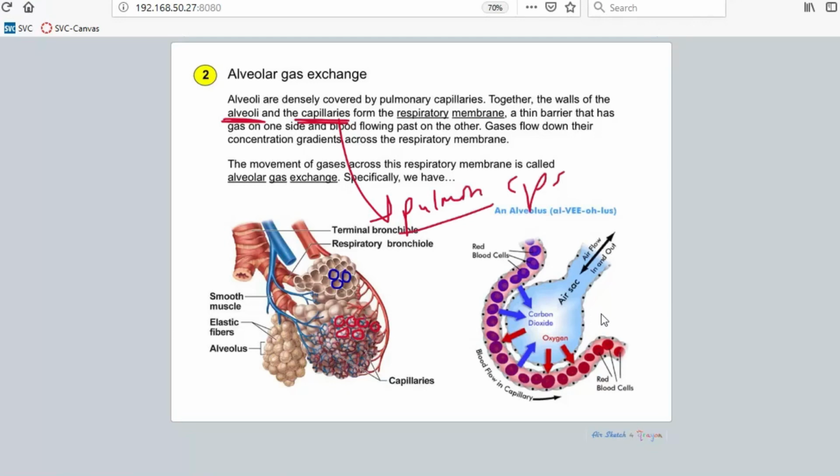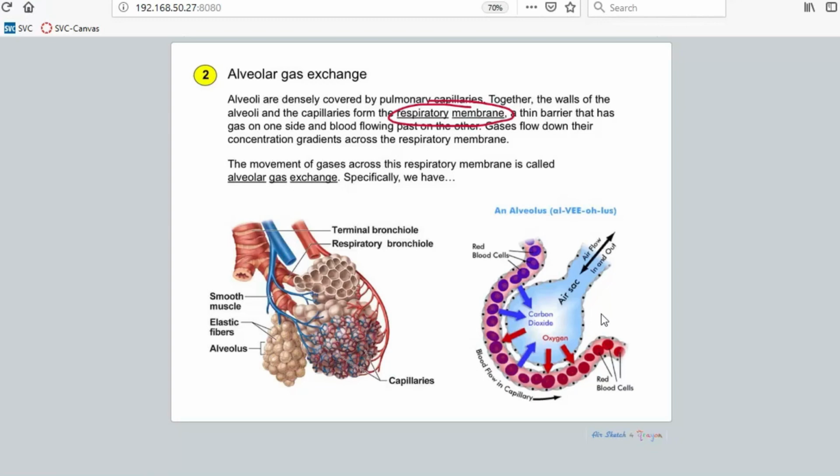And like I had mentioned earlier, the walls of the alveoli and the walls of the capillaries form what's called a respiratory membrane, and this is the membrane that those gases are going to be exchanged across.